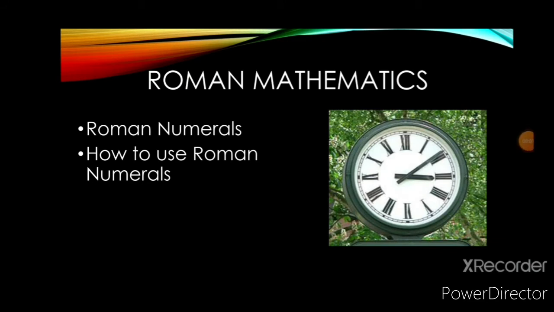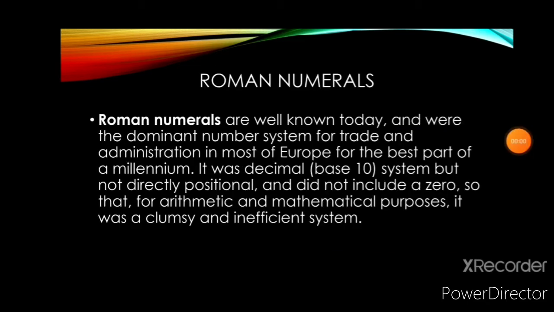Now, after Mesopotamian mathematics, we have Roman mathematical history. In Roman mathematical history, we will talk about Roman numerals and how to use them. Roman numerals are very well known in today's world and were the dominant number system for trade and administration in most of Europe for the best part of a millennium.